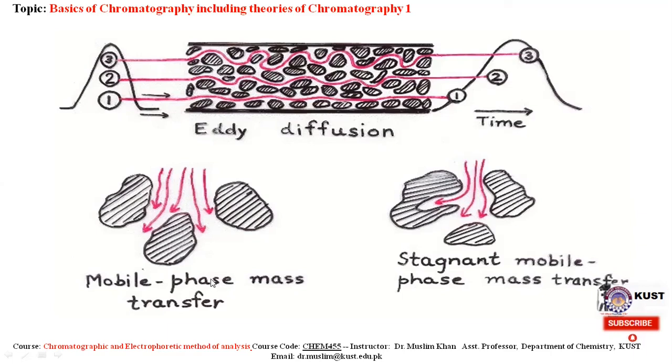Similarly, this is an example of mobile phase mass transfer, and this is the stagnant mobile phase. These are the pores in which some of the mobile phase is stagnant, in stagnant mobile phase mass transfer. So these are the factors responsible for the mass transfer effect.